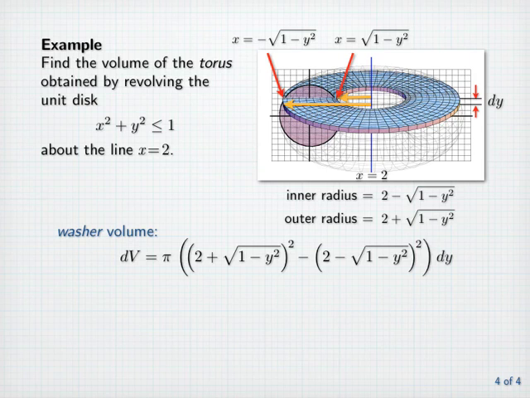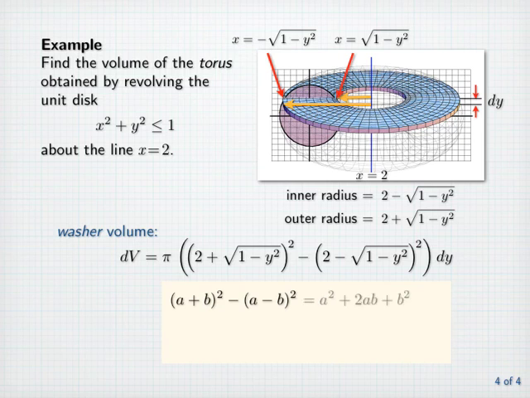Now we need to simplify this, so let's notice that inside the main parentheses we have an expression of the form a plus b squared minus a minus b squared, which equals a squared plus 2ab plus b squared minus the quantity a squared minus 2ab plus b squared. So notice we have a squared minus a squared and b squared minus b squared and 2ab minus minus 2ab, which is plus 4ab.